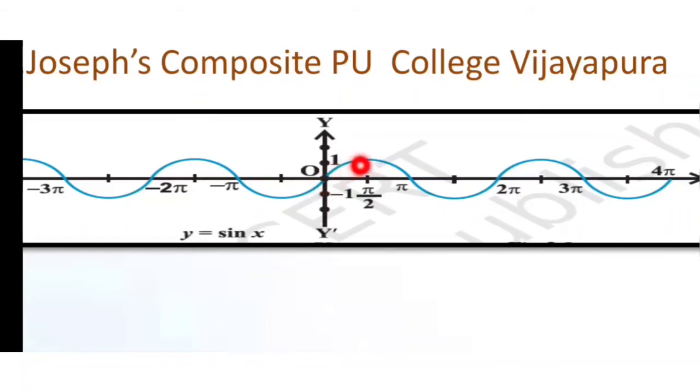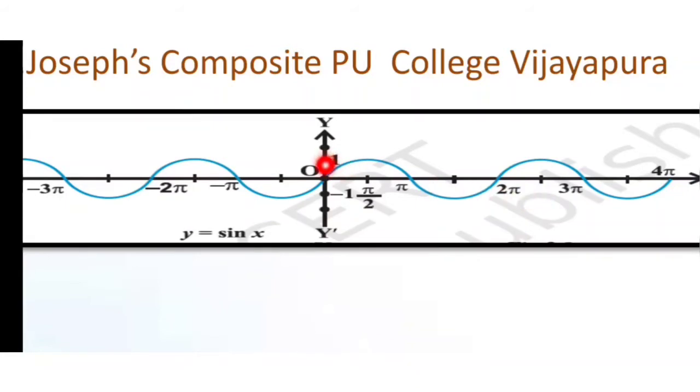And also we know sine pi is 0, sine 2 pi is 0, sine 3 pi is 0, and from this graph the maximum value that sine attains is 1.